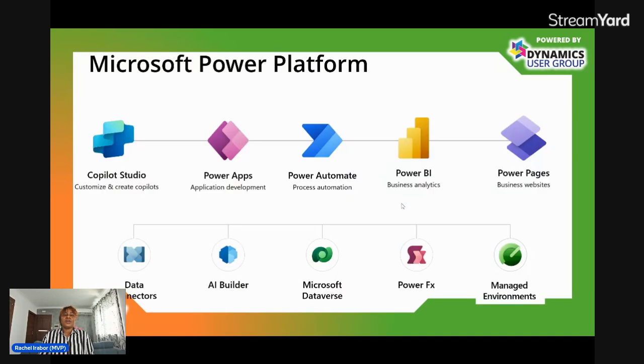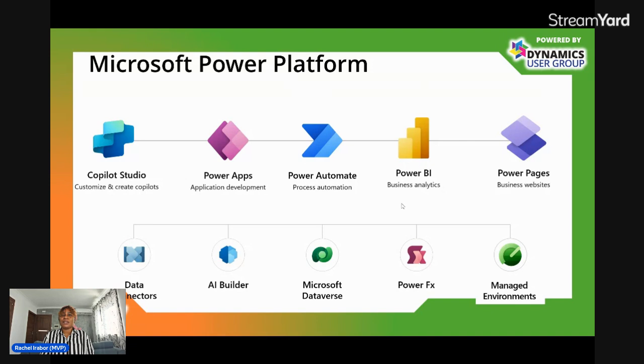So Microsoft Power Platform is a low-code, no-code platform, and it comprises your Copilot Studio, which you can use to build your own Copilot, Power Apps, which you can use to build your own applications, your Power Automate, which you can use to create automations.